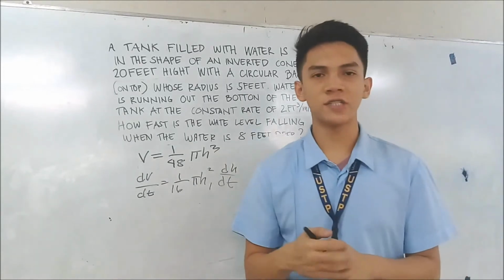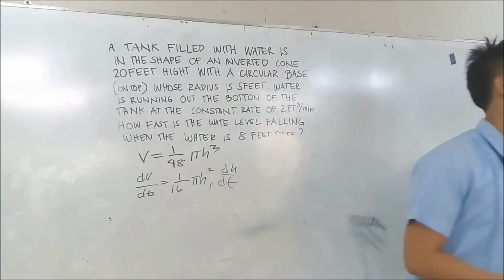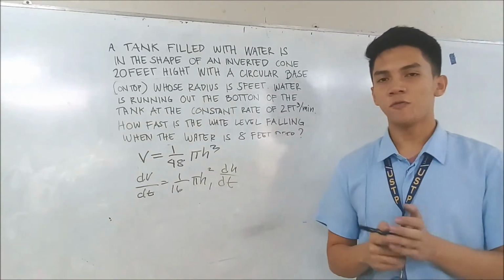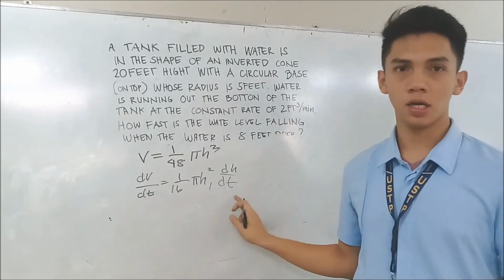And the next is we must find the negative 2. Next, we must find the dh over dt.